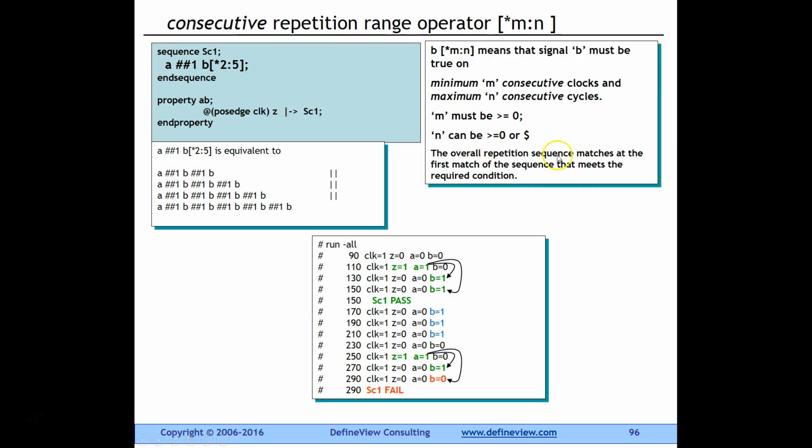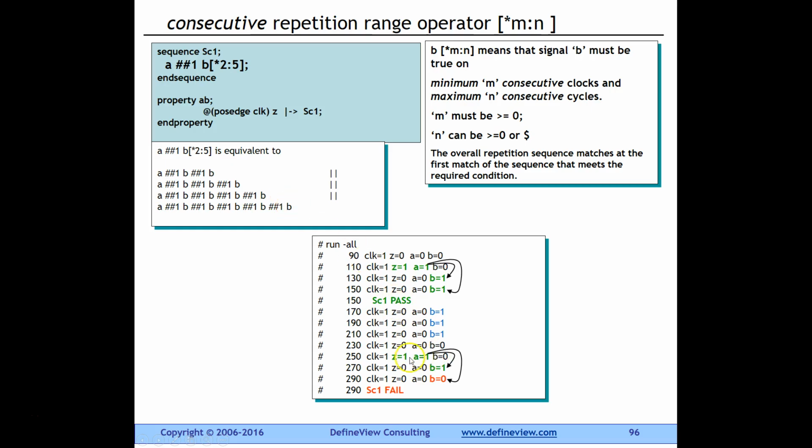The overall repetition sequence matches at the first match of the sequence that meets the required condition. Okay, so let's look at this log. Z is high, overlapping operator, A is high, and B remains high for 2 consecutive clocks. So we have met this particular condition and the property passes. It's over. It doesn't need to wait for 3 or 4 or 5 consecutive repetition.